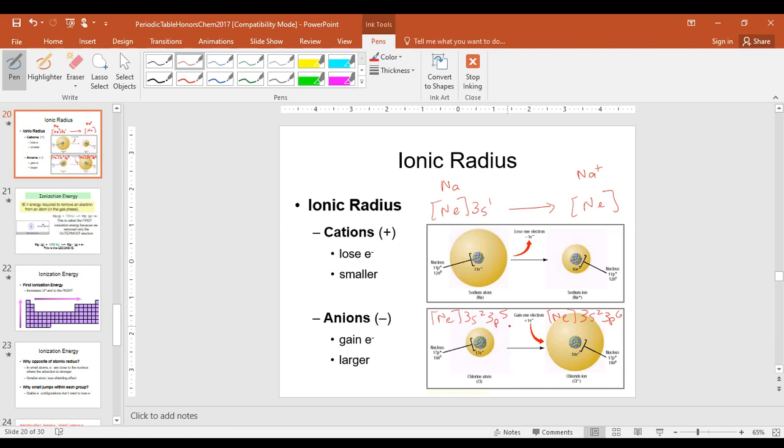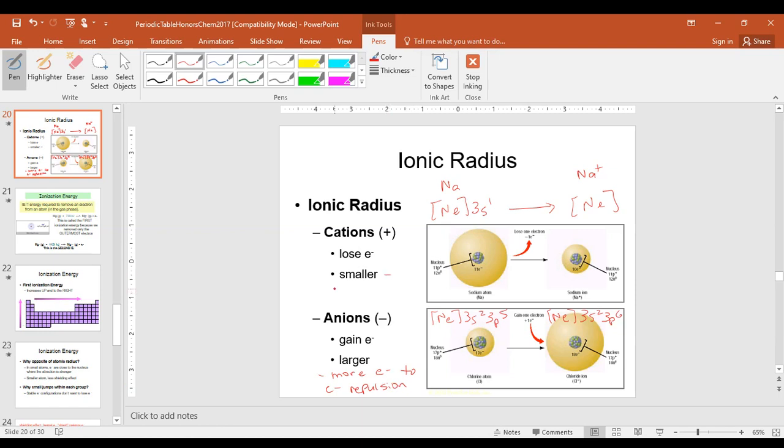However, what's happening is that we have more electrons with our chlorine ion. Think about electrons repelling each other. If we have more electrons, we have more repulsion. So the anion will be larger than the neutral atom. So we have more electron to electron repulsion.